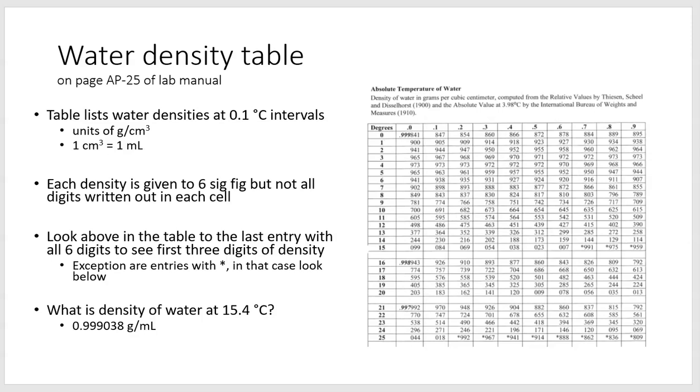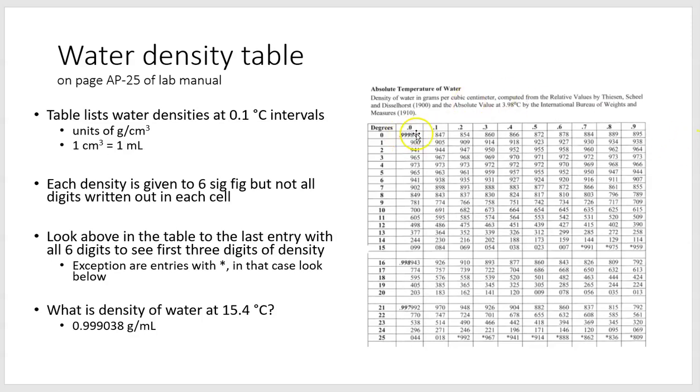The way you read it is the rows indicate full degree changes in temperature, and the columns indicate 1/10 of a degree changes in temperature. Now, the one thing you might notice is that except for 3 of the cells, they only have 3 numbers, but then there are these 3 special cells that have 6 numbers. So what's going on there?